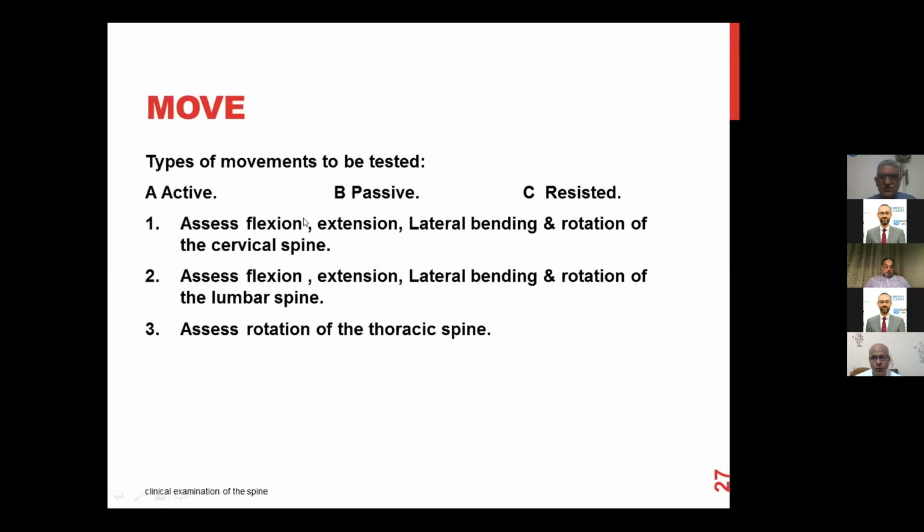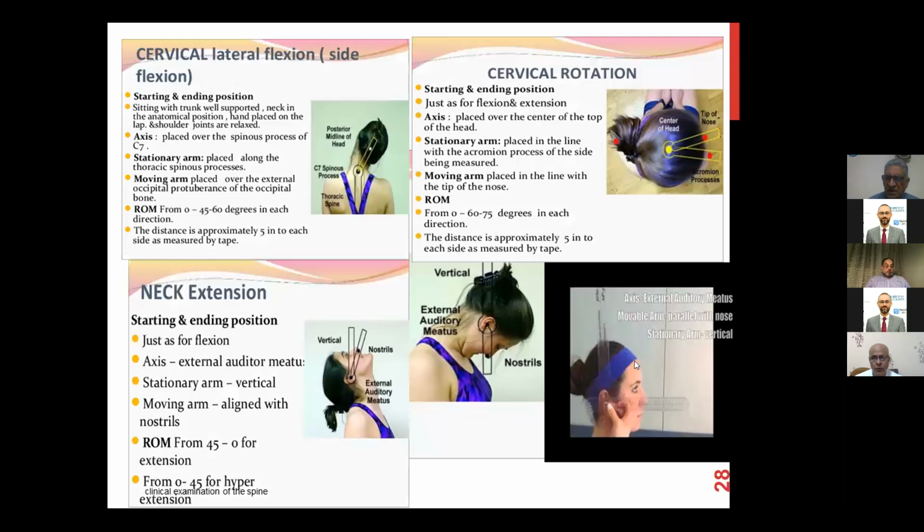We assess flexion, extension, lateral bending, and rotation of both the cervical spine and lumbar spine. And we assess rotation for the thoracic spine. As we can see here, in this girl, we have a goniometer centered on the tragus.